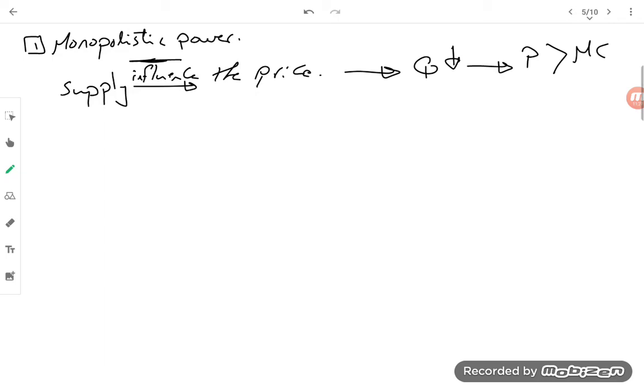Generally, in case of perfect competition, the profit maximizing condition will be achieved when marginal cost equals marginal revenue, or price equals marginal cost. But in this case, the scenario differs.